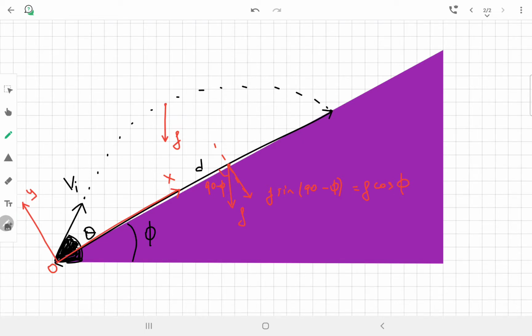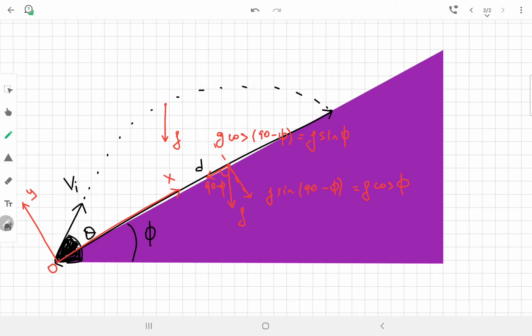This is the component of gravity in the y direction, and in the x direction it will be directed downward like this. It is g times cosine of (90 minus phi), which is g times sine phi.